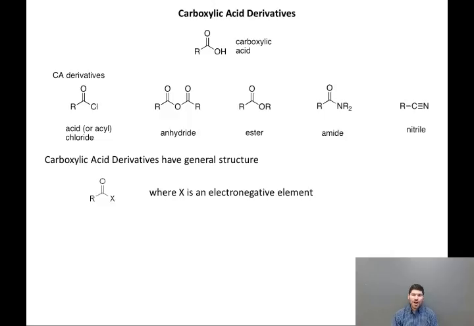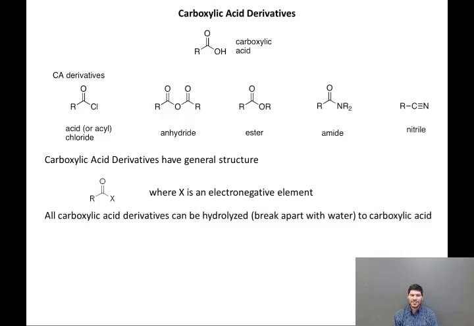Well, in general, carboxylic acid derivatives have the general structure of RC double bond OX, where X is an electronegative element. So that is true for the acid chloride, the anhydride, the ester, and the amide. Chlorine, oxygen, oxygen, nitrogen is the electronegative element. That still doesn't explain why the nitrile is on this list.